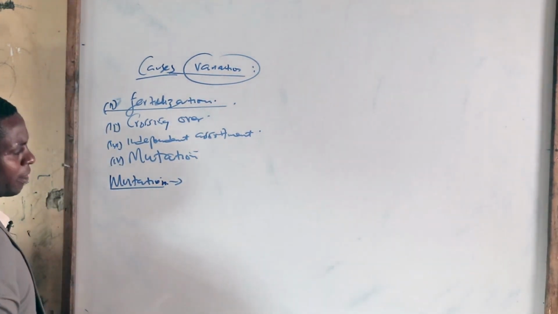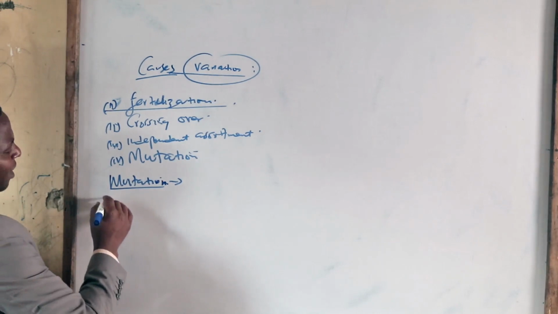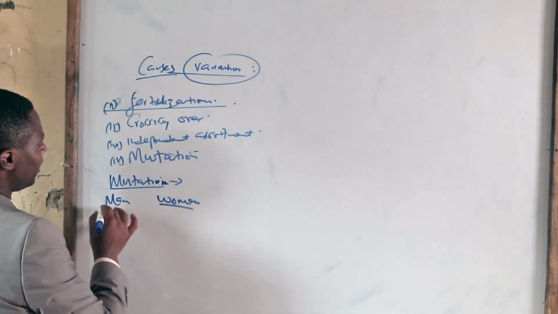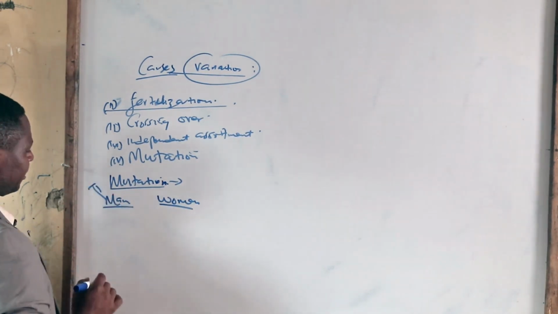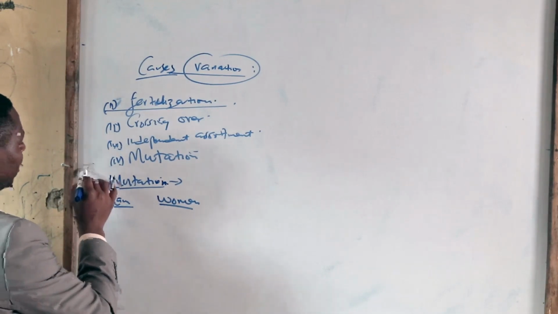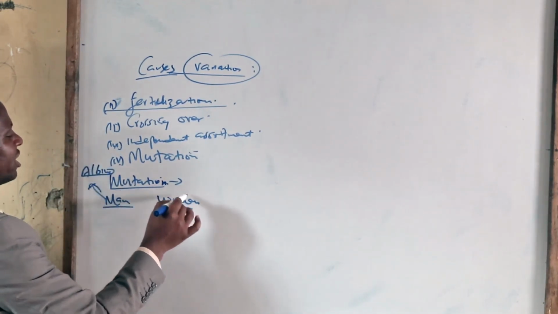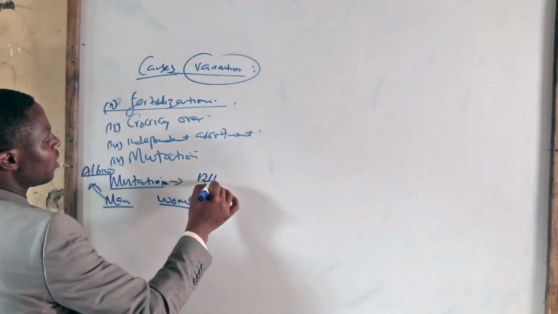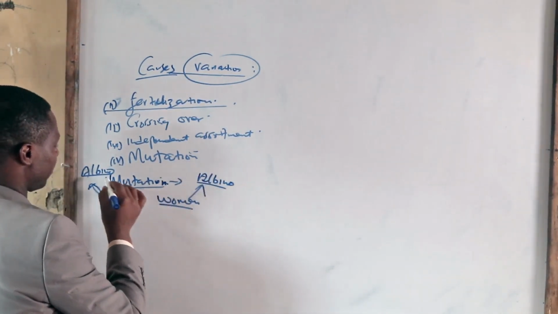So for example, you can have a man and a woman. In the family tree of this man, there has never been a case of an albino. And on the other side, in the family tree of the woman, there has never been a case of a child who is albino.